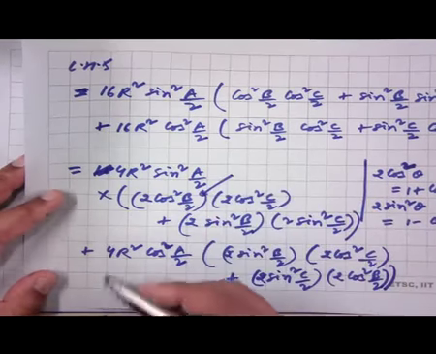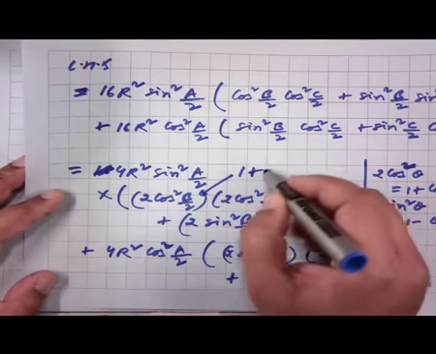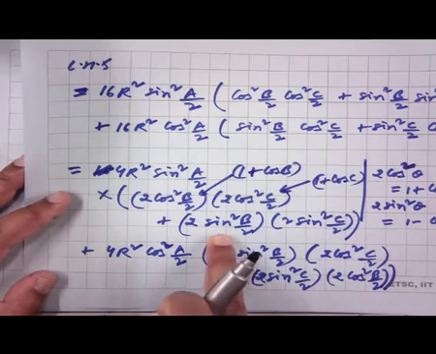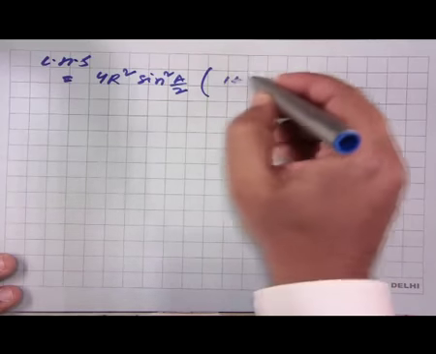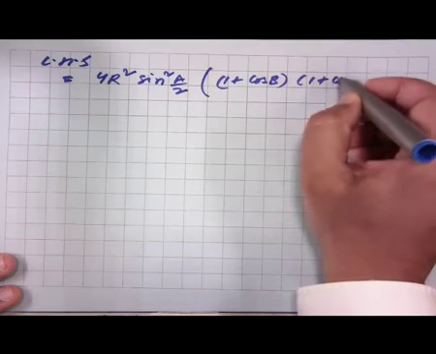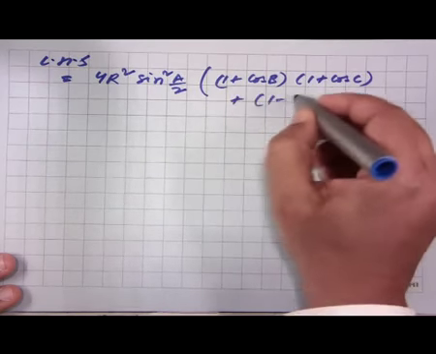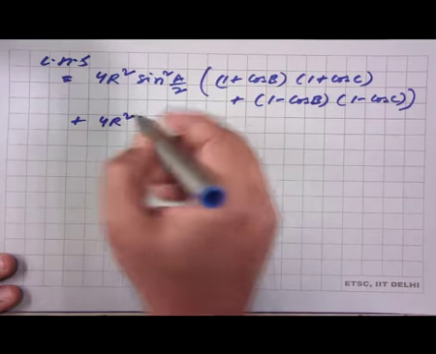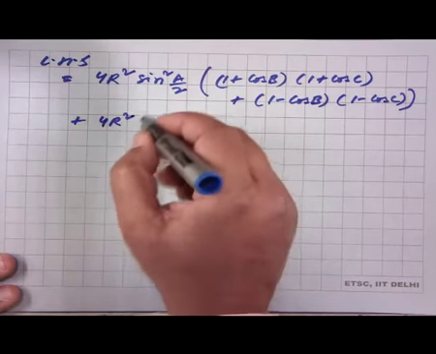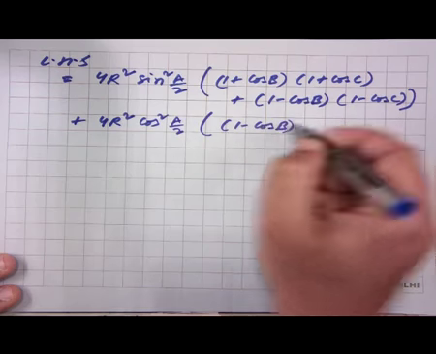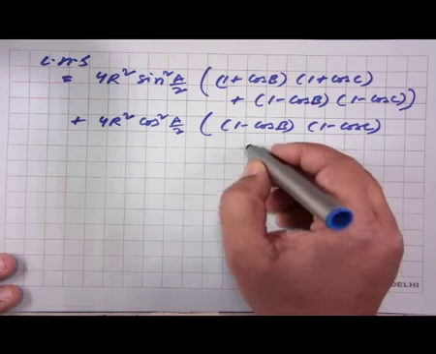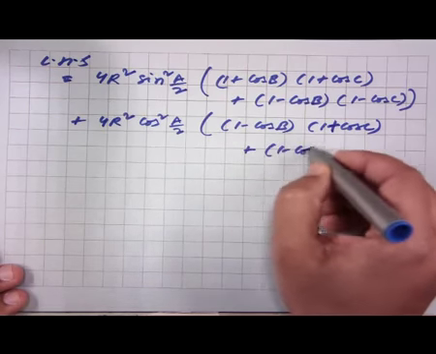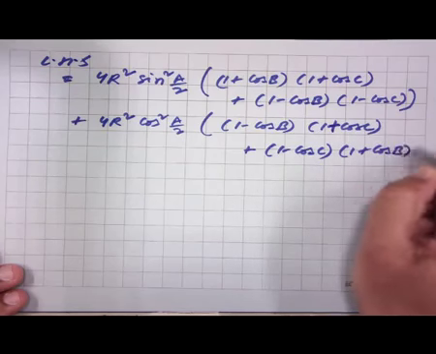So, this term here is equal to 1 plus cos B, this is 1 plus cos C. Similarly, this is 1 minus cos B and 1 minus cos C. So, this is what we get.